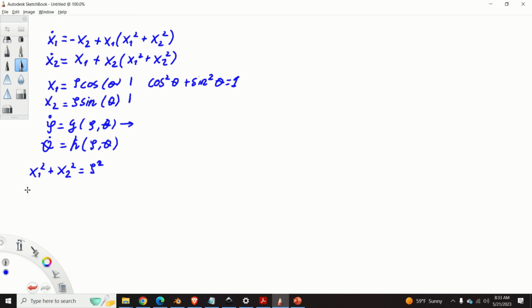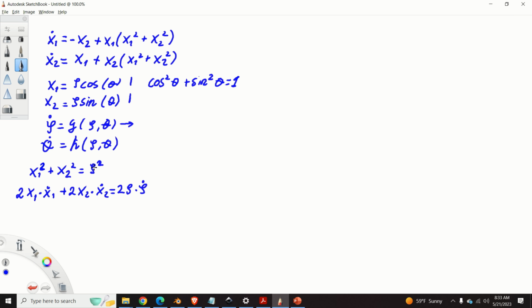While differentiating, we have to keep in mind that x1, x2, and rho are functions of time. Consequently, if we differentiate this equation with respect to time, we obtain 2 times x1 times x1 dot plus 2 times x2 times x2 dot is equal to 2 times rho times rho dot.